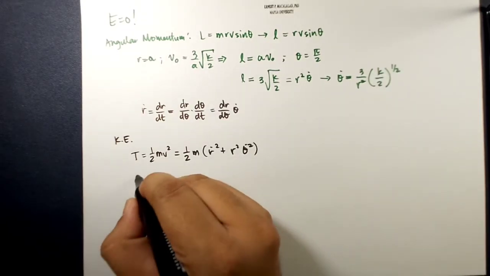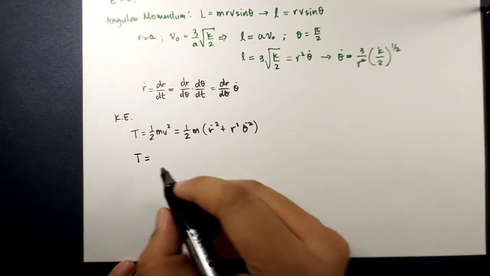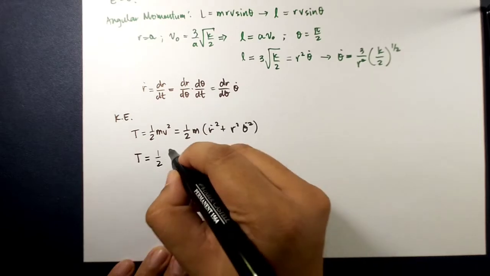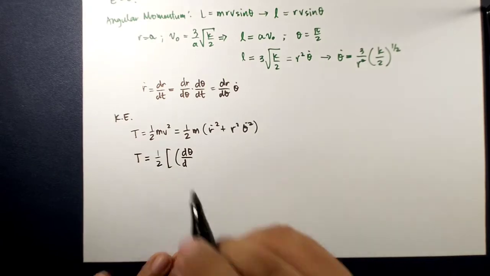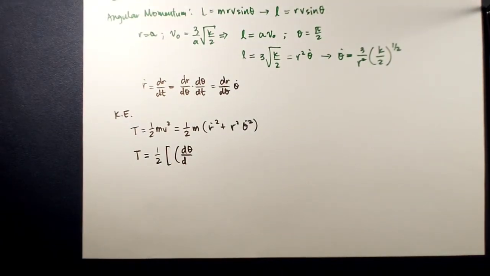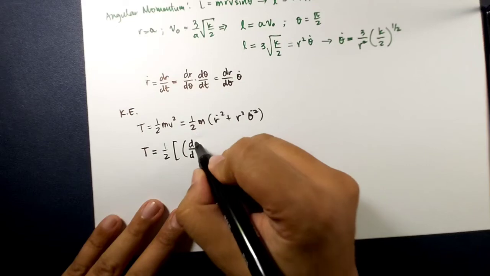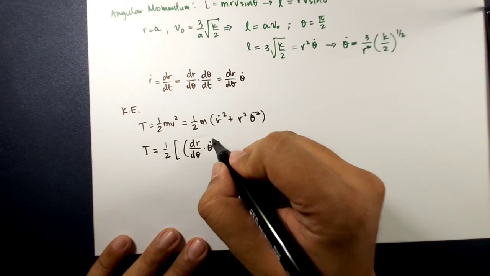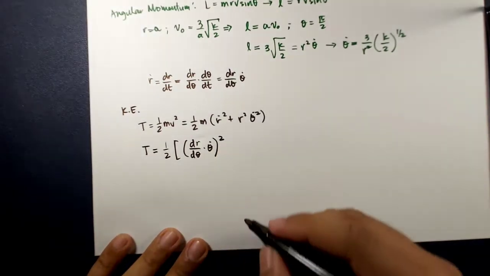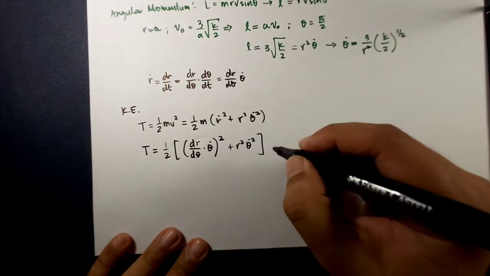So that means the kinetic energy can now be rewritten as 1/2 times the derivative of r with respect to theta times theta dot, then we square this, plus r squared theta dot squared.